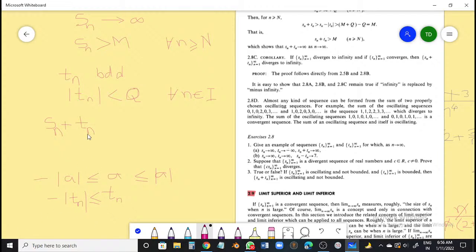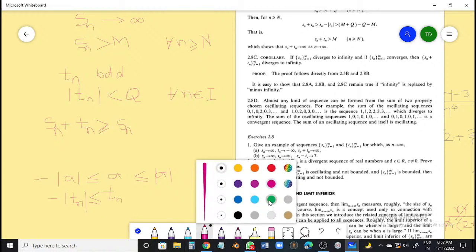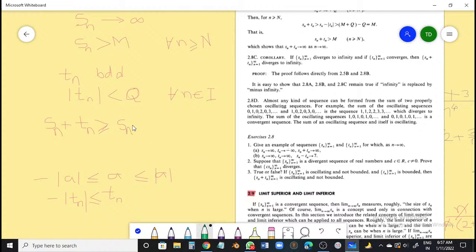So what will happen? This particular sum will be greater than or at the most equal to, Sn as it is, because we are not touching Sn. This fact we are making use of only for Tn. So because we are changing Tn, let us use another color for Tn. So this will be minus mod Tn.